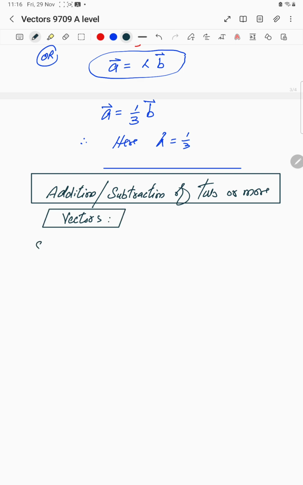Suppose we have two vectors, p having coordinates a, b, c, and another vector q, having coordinates x, y, z. Don't confuse these labels; they are dummy variables, you can label with any name. We have two vectors and we want to add or subtract them.